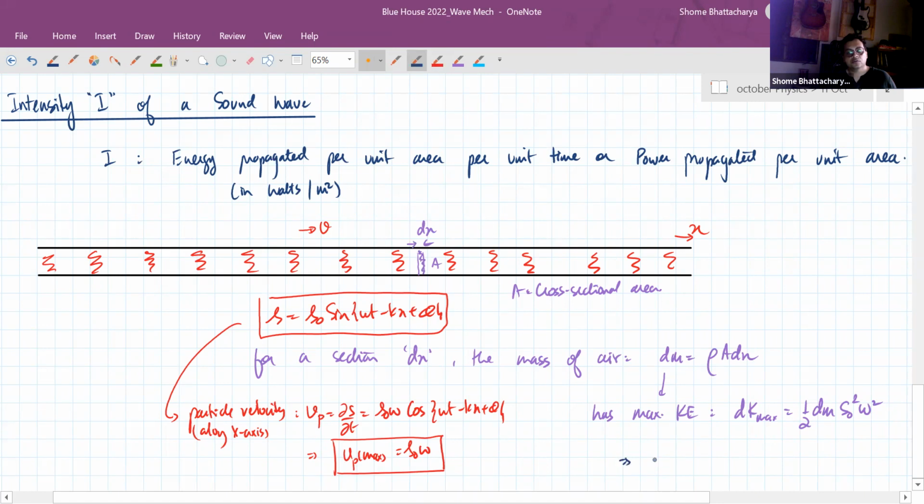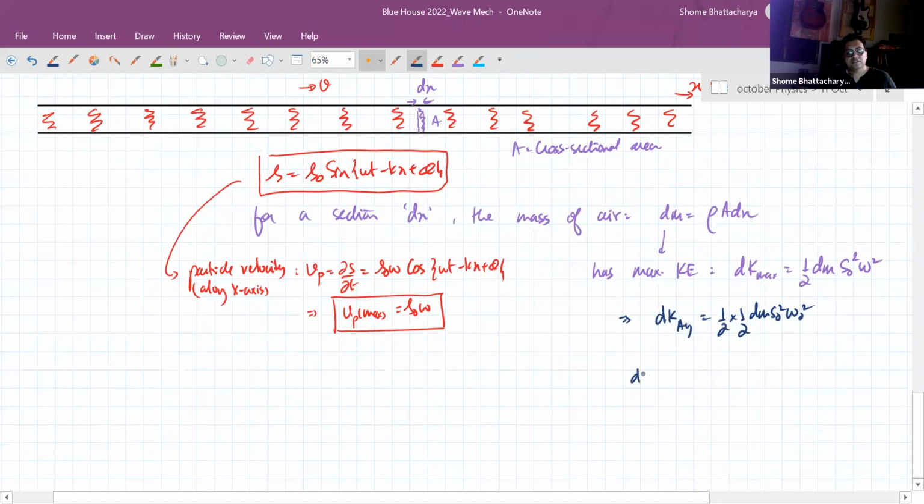So therefore, average kinetic energy will be half of half dm s naught square omega square. And average kinetic energy will be equal to average elastic potential energy because of the stress and strain. So each will be 1 by 4 dm into omega square into s naught square.